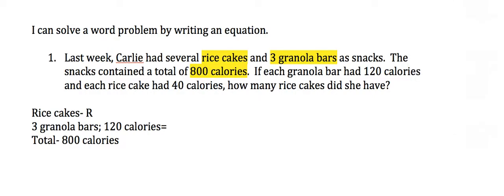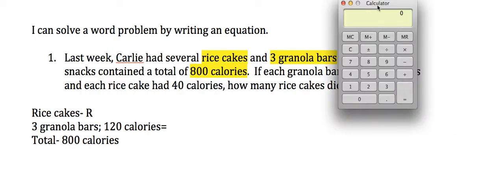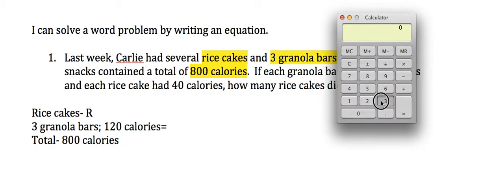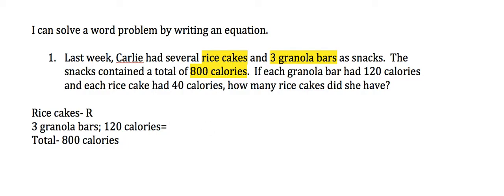That's going to be a multiplication problem. So let's multiply. 3 times 120. 360 calories. So we know that Carly ate 360 calories in granola bars.